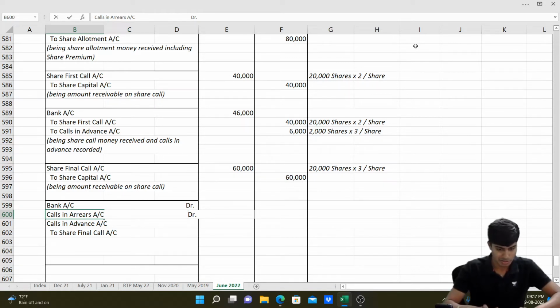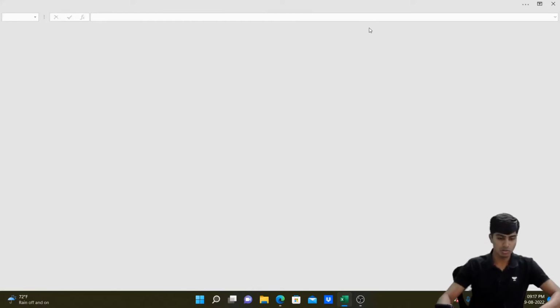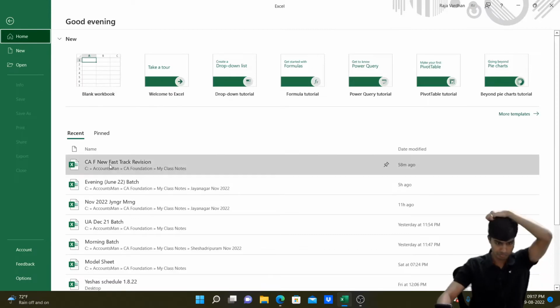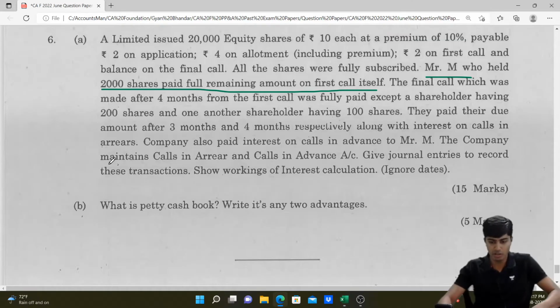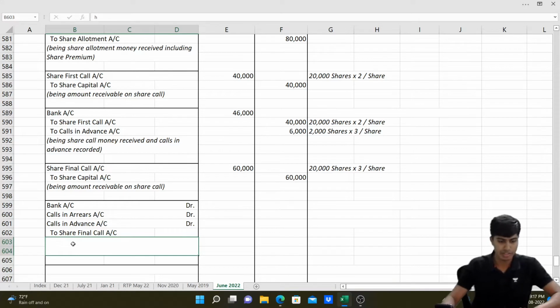Bank account debit, calls in advance account debit, calls in arrears account debit to share final call account. Being share final call money received and adjusted. I'll write the entry here.